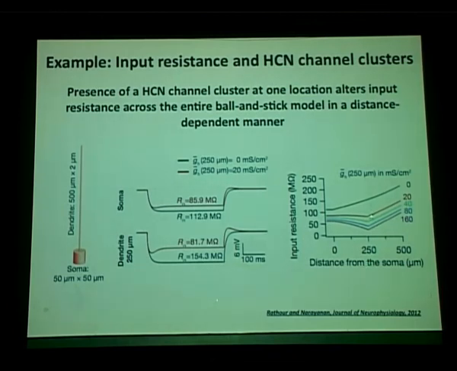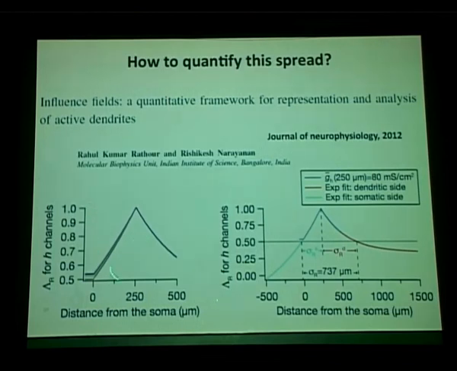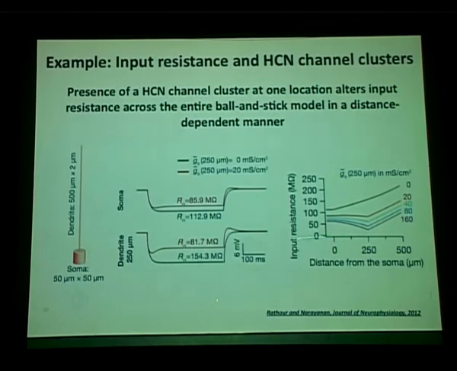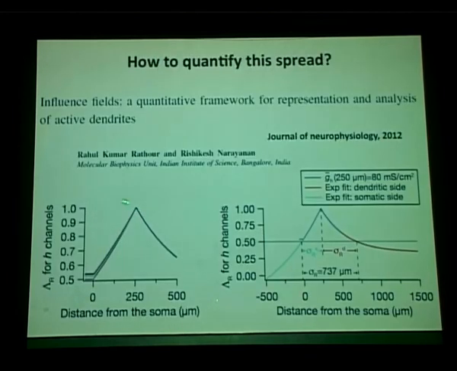So if you now quantify the relative influence of this single structure at this location versus the others, you will get something like this. This is the same plot that is shown over here, but normalized by the influence at the location at which you inserted that channel.